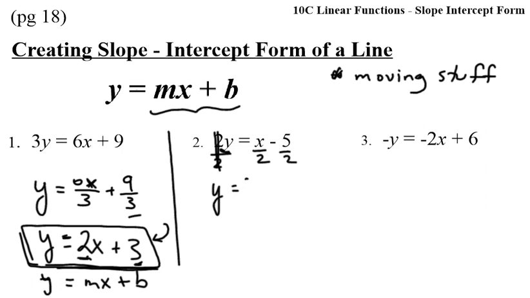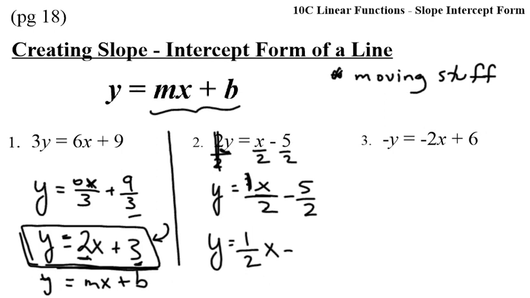So x divided by 2, what number could I put up here with the x? Well, it's like saying you have 1x, subtract 5 divided by 2. So in this case, 1x divided by 2, 1 divided by 2, I don't want a decimal, I want rise over run. So it's just going to be a 1/2 x.